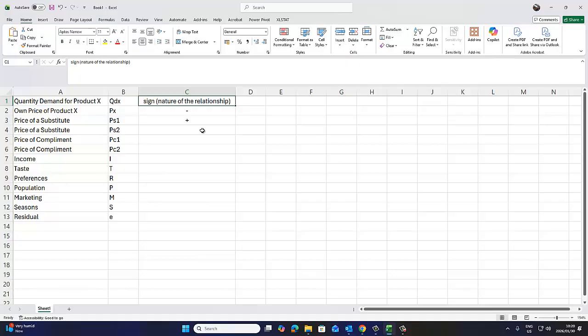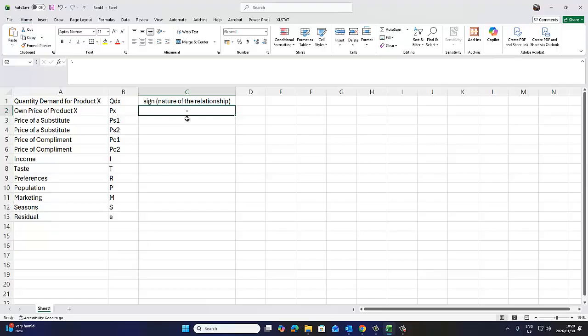Meaning if it's a minus sign, it means that if the variable increases, quantity demand will decrease, and vice versa. Positive, they move in the same direction. So we know that the own price has a negative relationship, a minus sign. So as the price of the item increases, the quantity demand of that item will decrease.